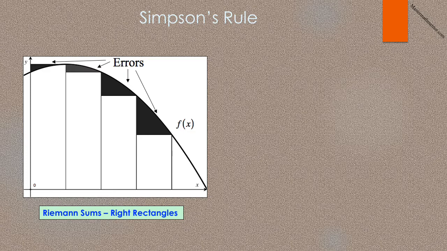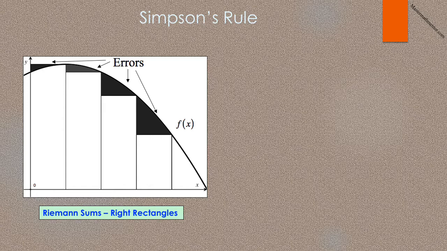In using Riemann sums to approximate areas under a function f of x, we are creating rectangles. A rectangle draws a horizontal line at various locations on the function. Horizontal lines are 0-degree functions.